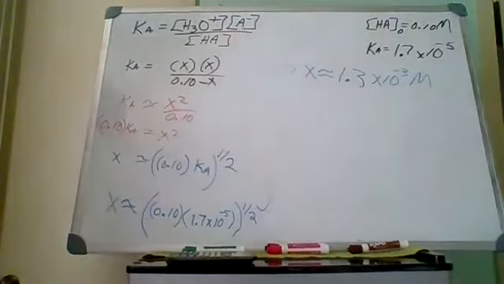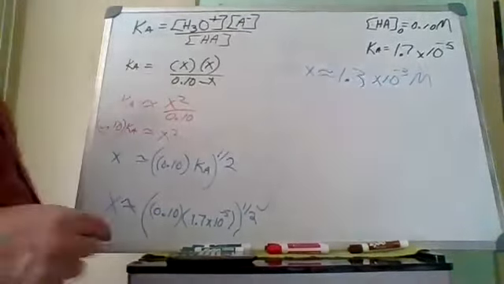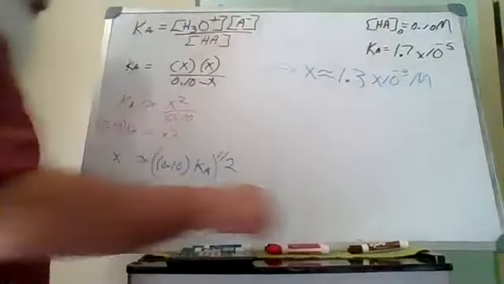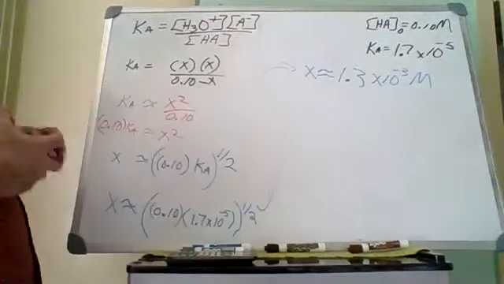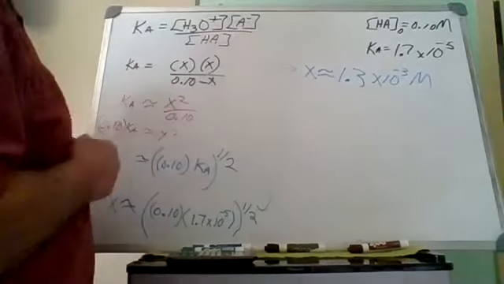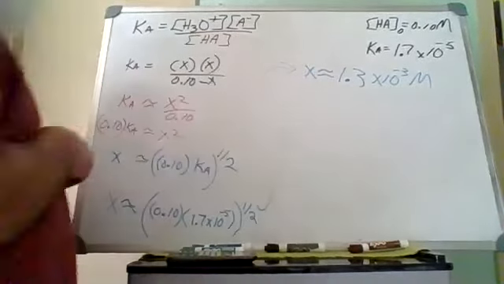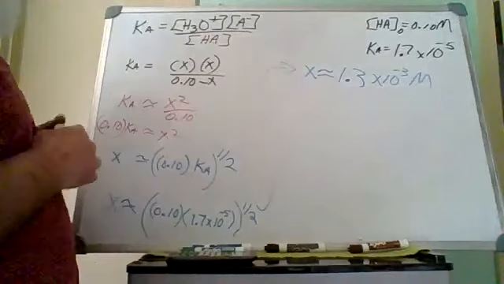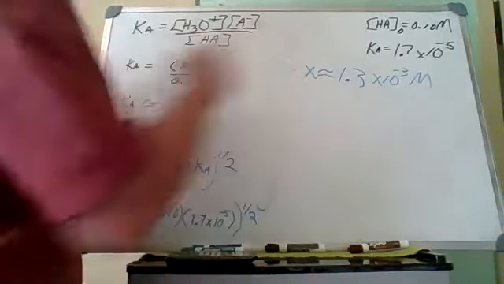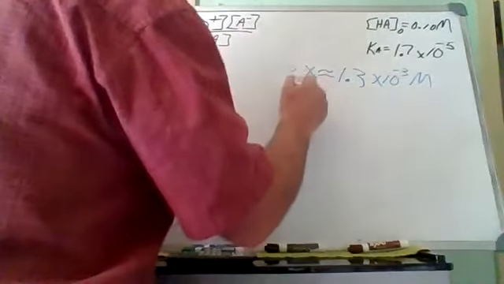All right, so we were asked to find 4 things. The hydronium ion concentration, which is X. The concentration of the conjugate base, acetate, which is X. Now I'm going to write that down here.